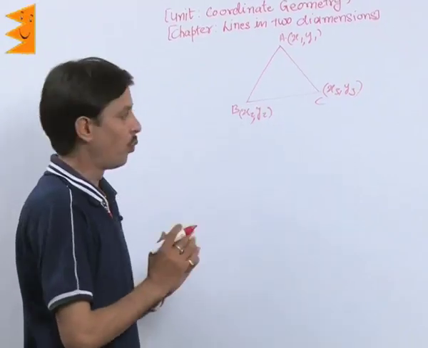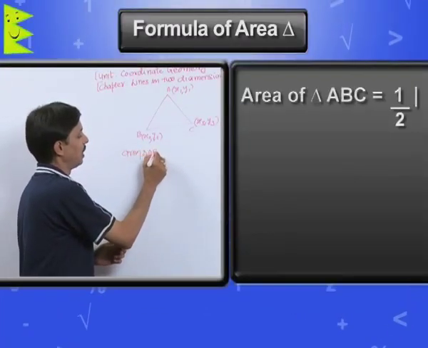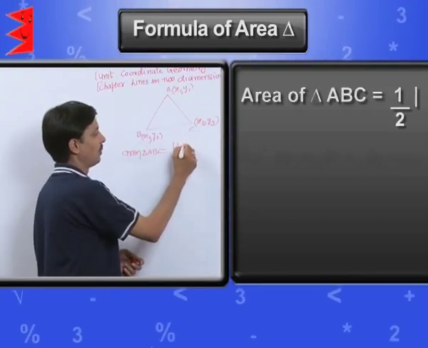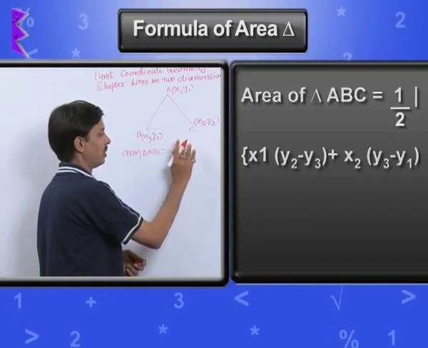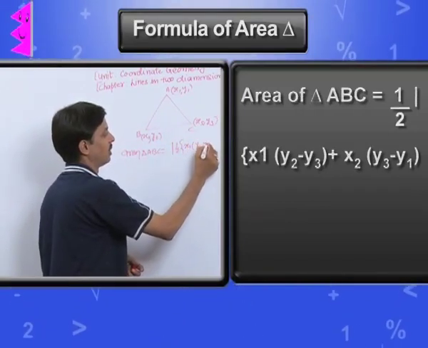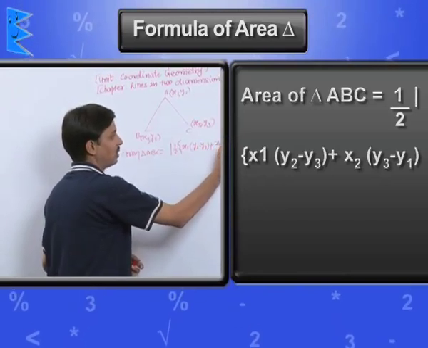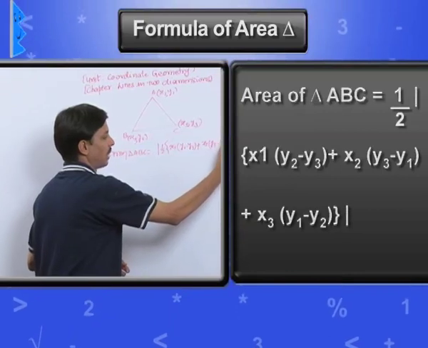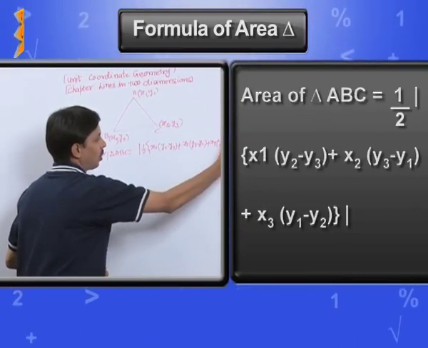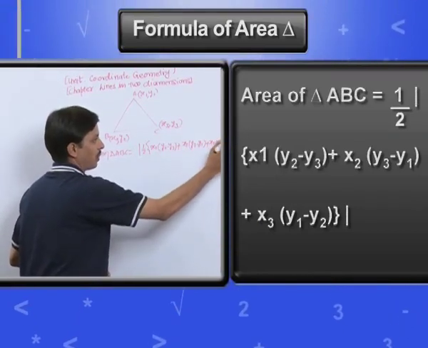If these are the vertices, then the area of triangle ABC is given by mod of half of x1, inside the bracket y2 minus y3, plus x2 then y3 minus y1, plus x3 then y1 minus y2, close, and then closing the mod.